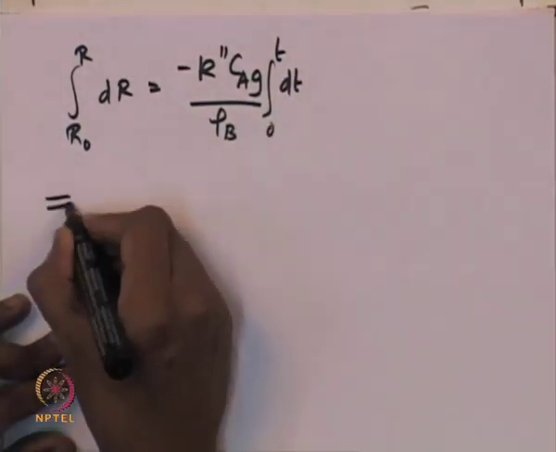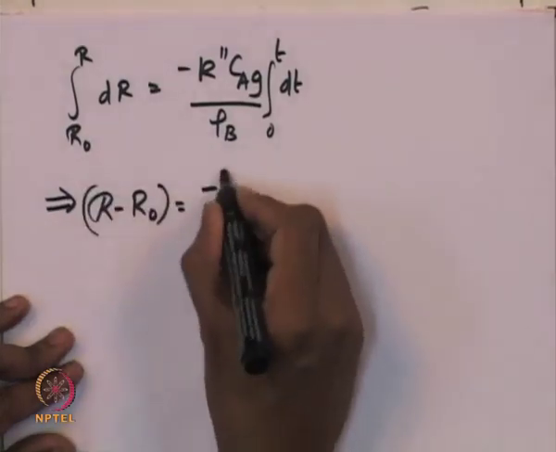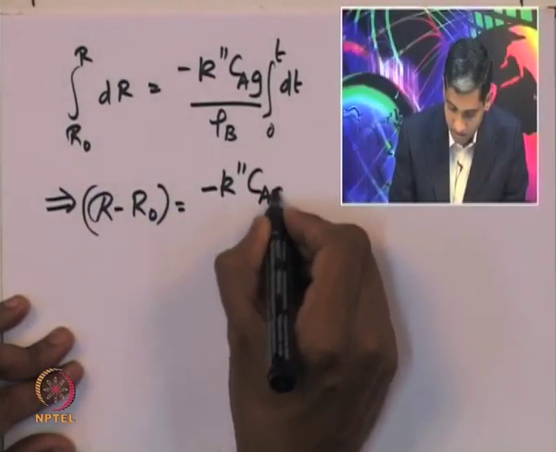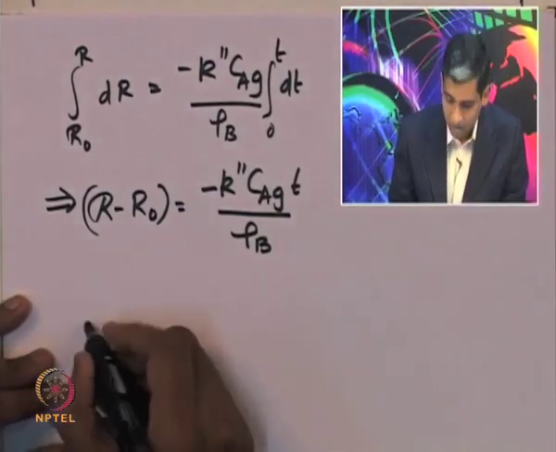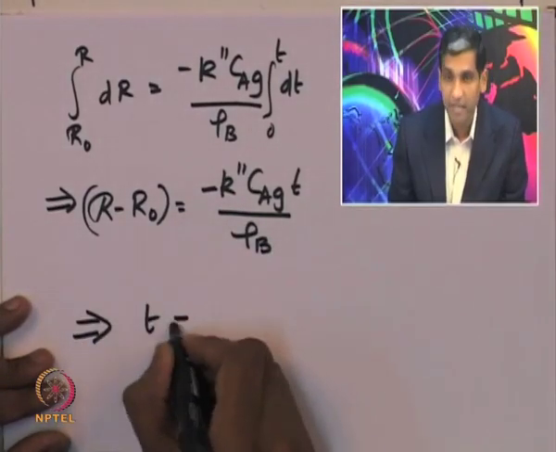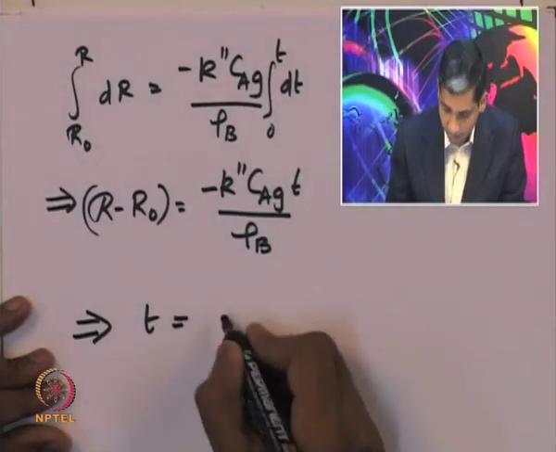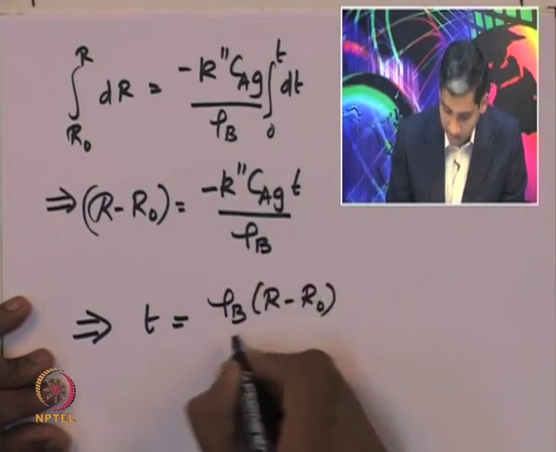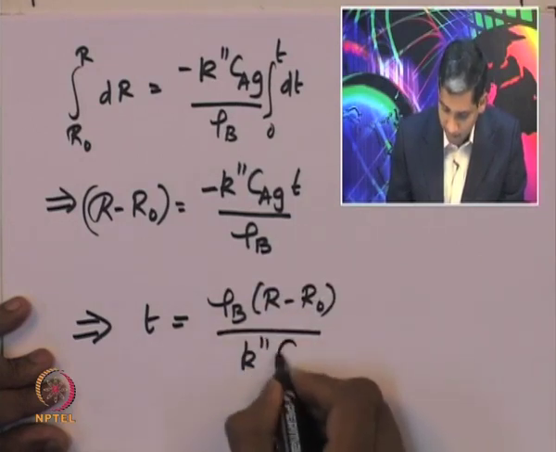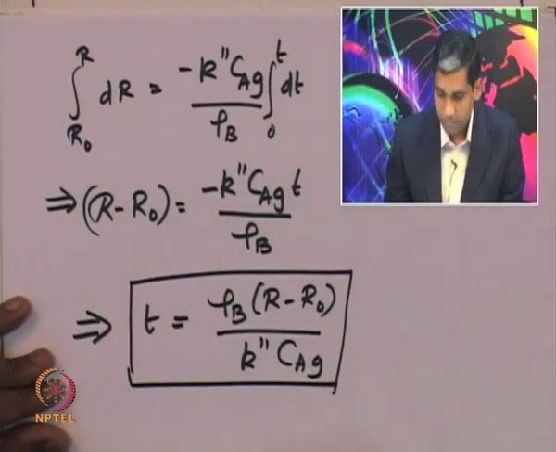From here we find r minus r naught equals minus K prime C_AG t divided by rho_B, and so we can rearrange this expression to find that the time at which a certain radius can be reached is given by rho_B into r minus r naught divided by minus K double prime into C_AG.